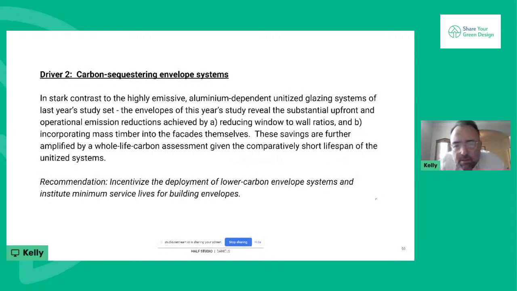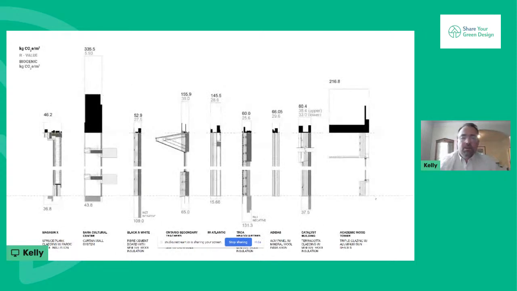The second thing, compared to the envelope systems of the previous year, the stark contrast is that this year's were much lower because they had a better window to wall ratio. They incorporated wood into the facades themselves. They used a lot less aluminum. So here's an overview of this year's envelopes, and you can see a big range, some heavily aluminum and metallic, double pane.